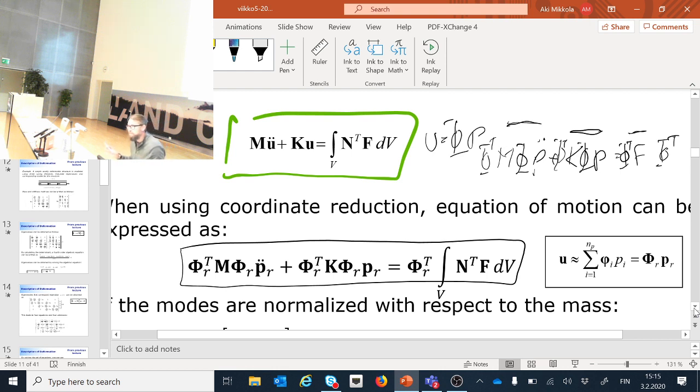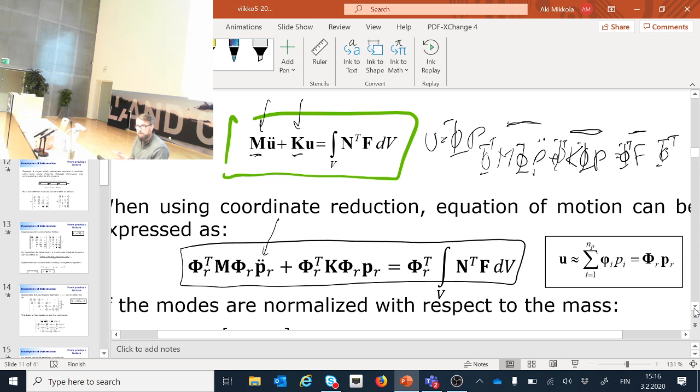Now, if these deformation modes are orthogonal, like they are when you get them from eigenvalues, it comes with another very significant consequence: these modal coordinates are not coupled. What does that mean? If you look at the original nodal coordinates, the stiffness and mass matrices are not diagonal matrices.